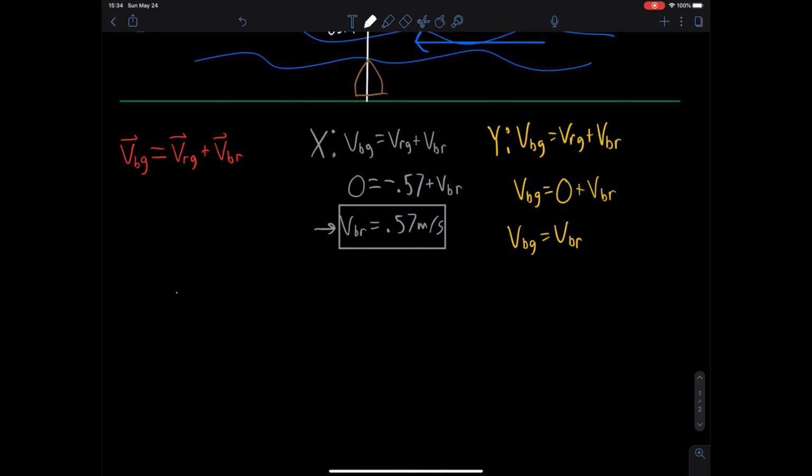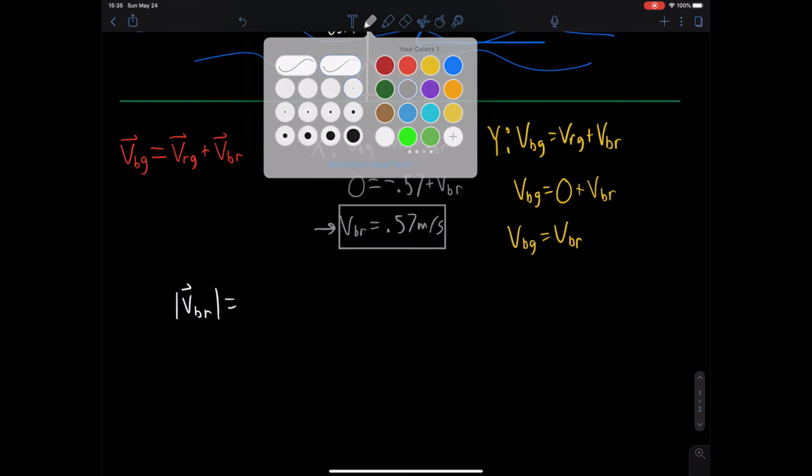We know that the magnitude of the velocity, and here we're looking at the boat relative to the river, has to be the x component squared plus the y component squared, all underneath the square root. That's the magnitude of any vector. So our x component was right here. It was 0.57 meters per second.